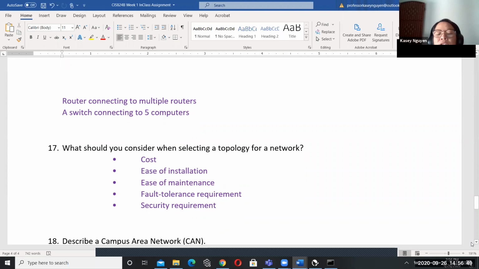When you design a network layout or try to upgrade or implement things in your network, these are some of the things you need to consider. From a business perspective, the first thing they're going to ask is cost. How much more are we going to spend on this?